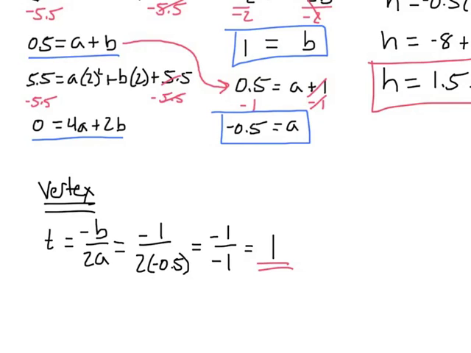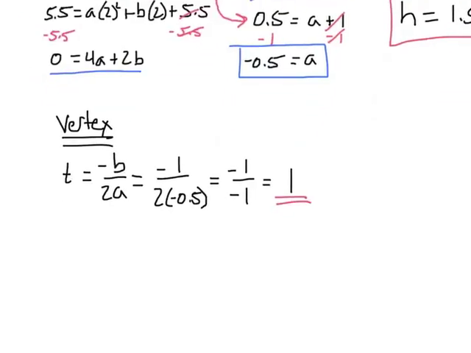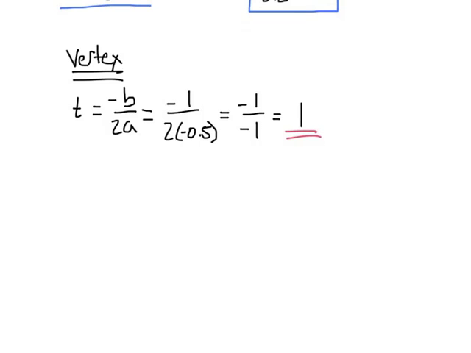But if they didn't give us that table of values, or maybe that point wasn't on the table of values, what we would have to do is take that time and plug it back into our equation to find our height. Our height equals negative 0.5 times t squared plus t plus 5.5.